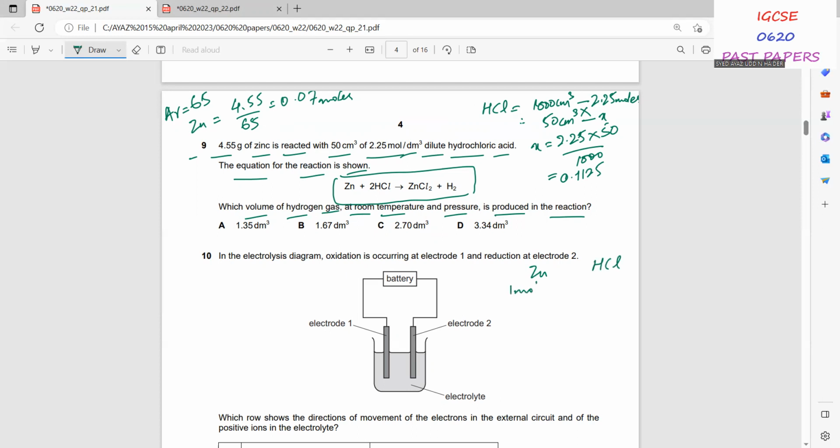Now, according to the reaction, one mole zinc reacts with 2 moles hydrochloric acid. Therefore, 0.07 moles react with X moles of hydrochloric acid.